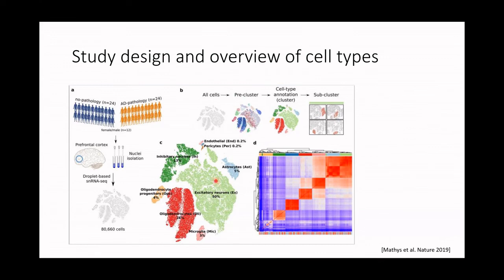That gives you this pre-clustering, which is the major cell types. Now we can apply the exact same procedure to each of these cell types to get further subclusters or cell subtypes. This is what I mean by you not only find cell types, but you also find cell subtypes.